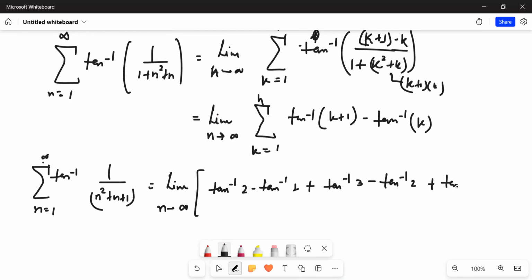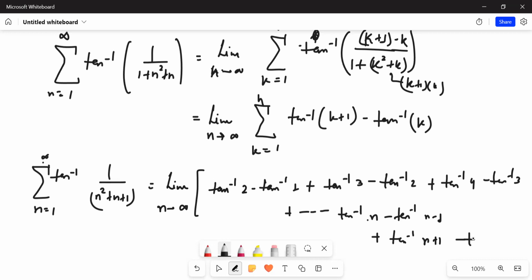This will be tan inverse of 4 minus tan inverse of 3. And dash, dash, dash. Place n minus 1 here, so this will be tan inverse n minus tan inverse of n minus 1. Place n here: tan inverse of n plus 1. This is how it is.